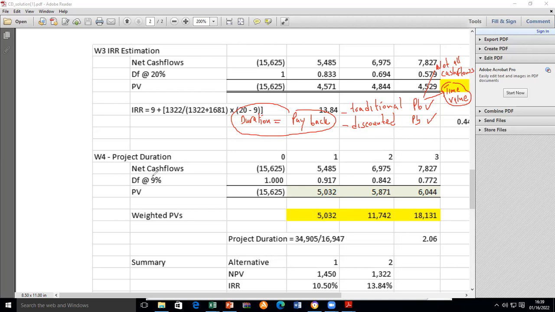But what of the problem of not considering all the cash flows? How do we correct this problem? Because people tell you that you haven't considered all the project cash flows. So how do we know that you're making the right decision?